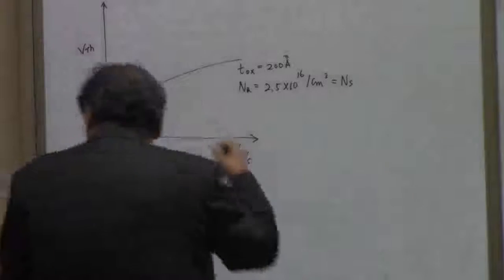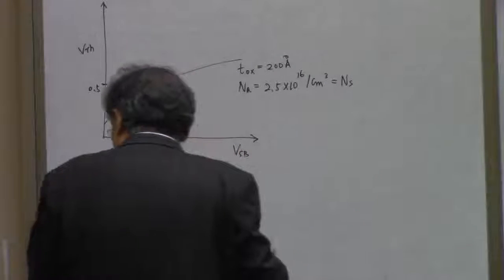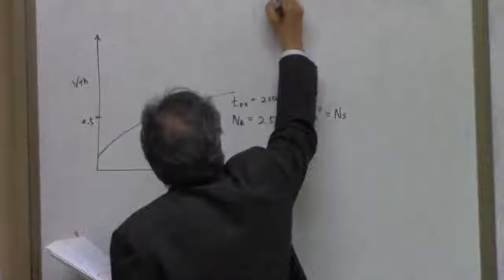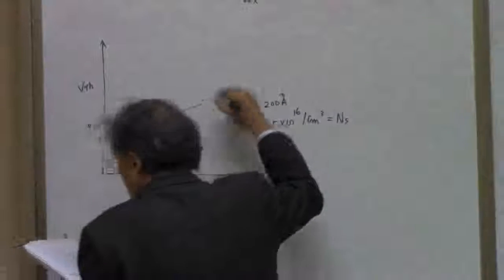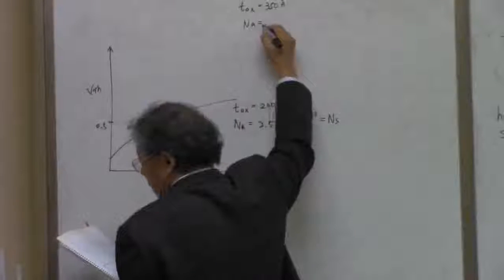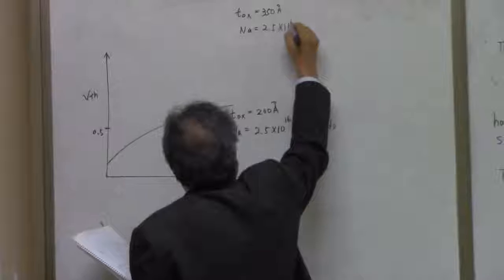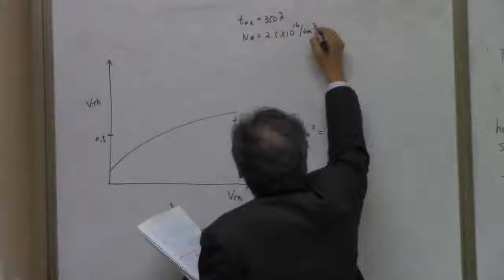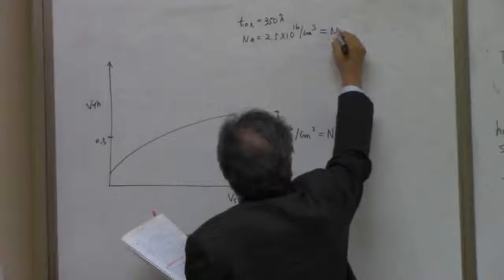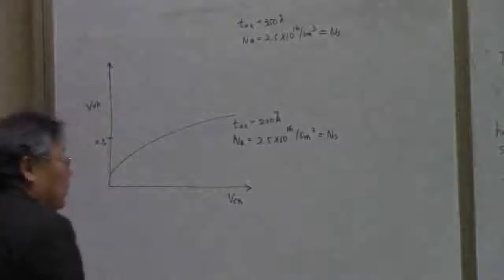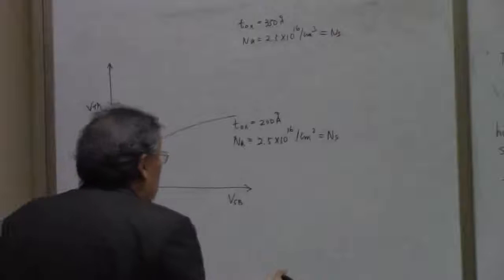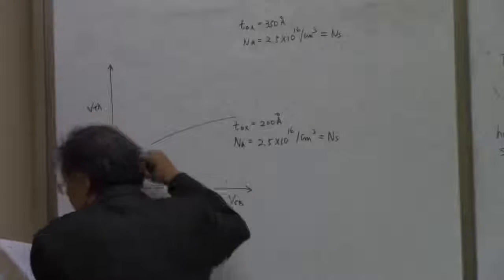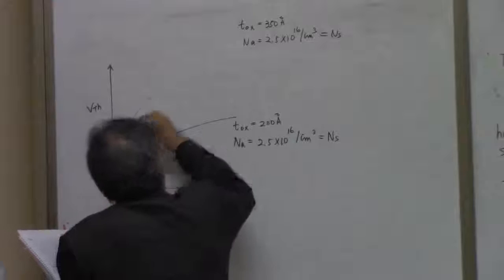Now, if you increase the oxide thickness to 350 angstrom and the substrate doping level is like 2.5 times 10 to the 16th, it's the same situation, and you are not doing any threshold implant to correct the threshold voltages, and then threshold voltage is going to change something like this.